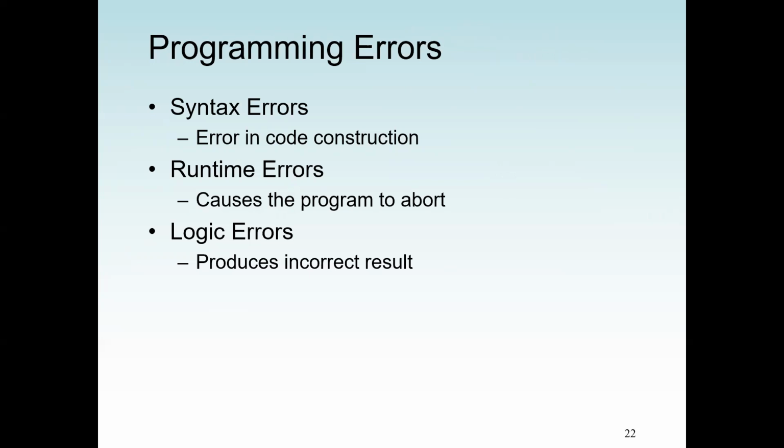So a syntax error means there's a grammatical mistake. For example, in English, I know at the end of a sentence I can end it with a period. If I don't have the period there, it means the sentence isn't at the end yet. In Python, at the end of a statement, we don't put a period. So if I put a period, I'm going to have a syntax error.